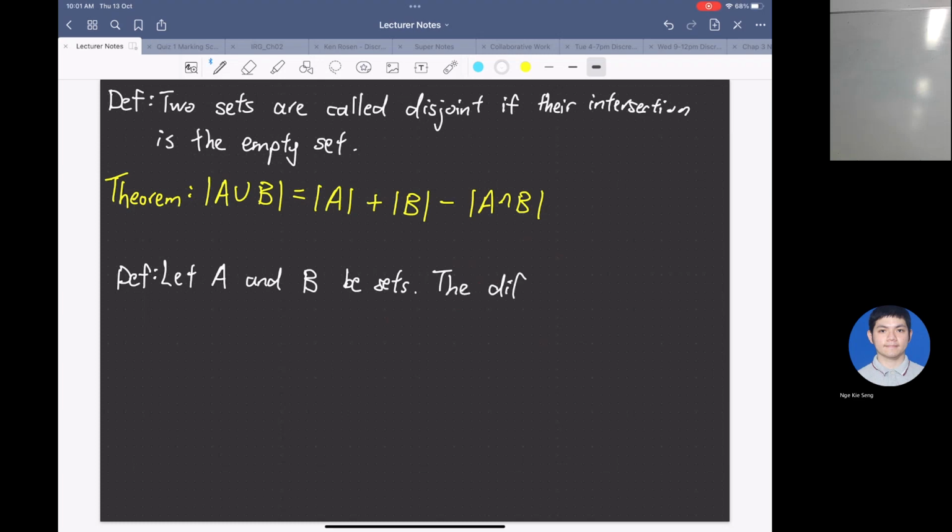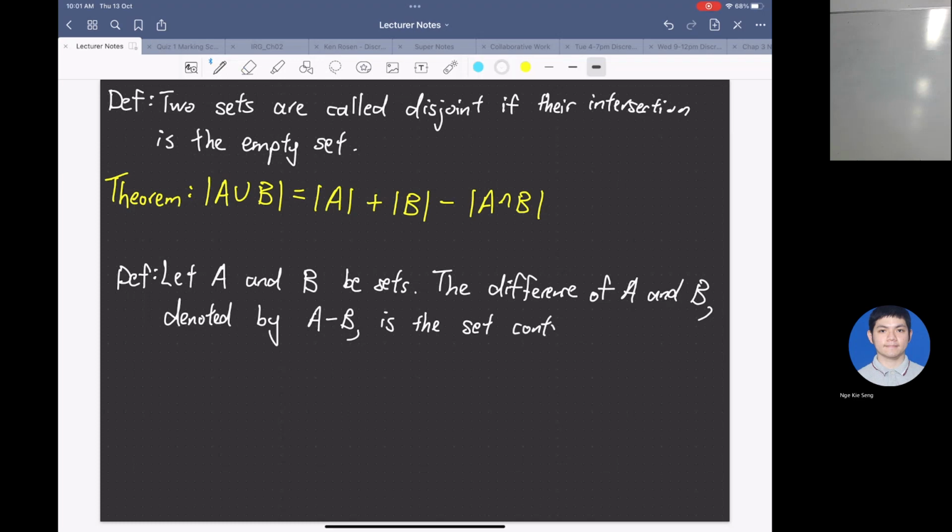The difference of A and B, denoted by A minus B, is the set containing those elements that are in A but not in B.